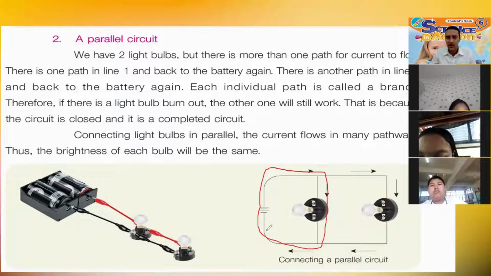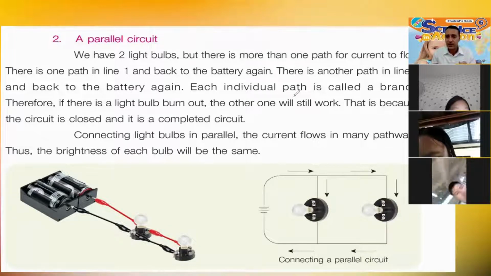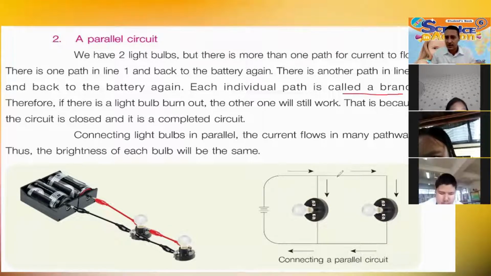So the flow of the electric current is through both paths. So each individual path, what do we call that? We call that a branch. All right.